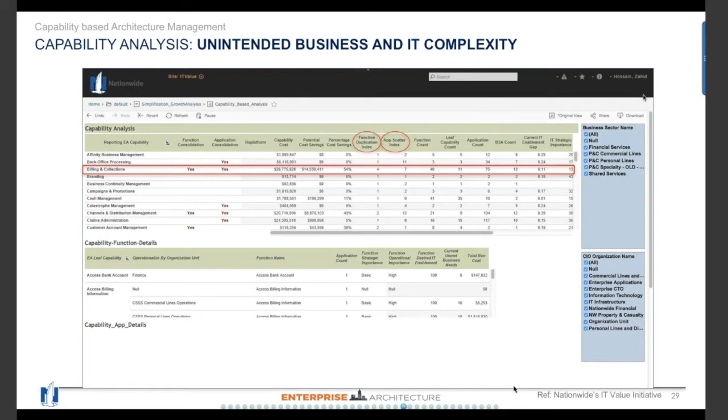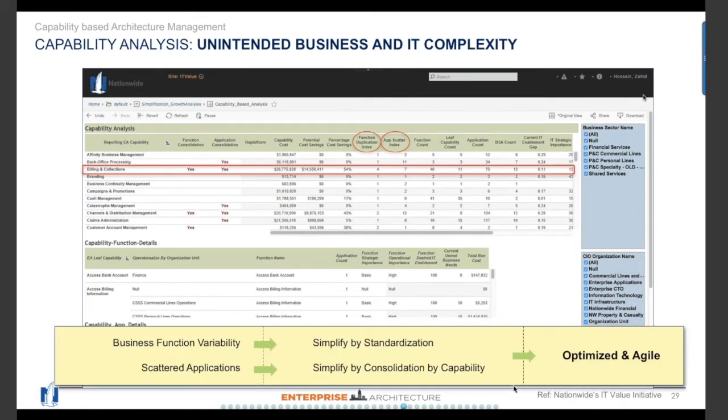We use some algorithms to calculate how many different applications support a single capability, or how many different business organizations manage different sets of processes and functions to support billing and collection.